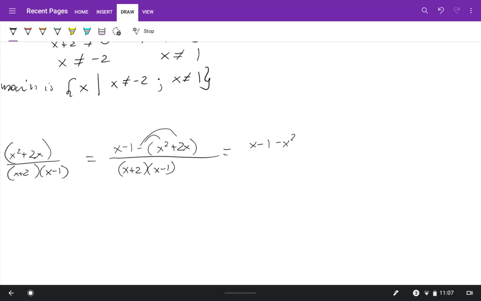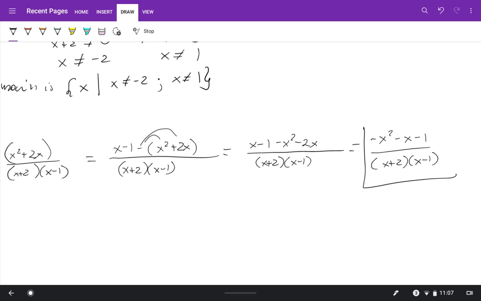Negative 1 times 2x is negative 2x, over x plus 2, x minus 1. And that will give you negative x squared minus x minus 1 over x plus 2, x minus 1. So that's the difference. This is f minus g of x.